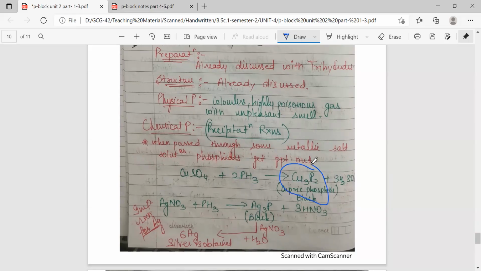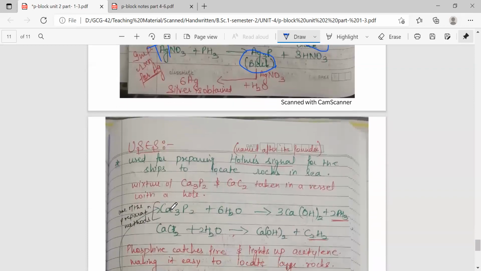We can treat some other salts with phosphine. Silver nitrate treated with phosphine gives black silver phosphide. This black silver phosphide is further treated with AgNO3 to give pure silver. This reaction is widely used for the preparation of silver, so pure silver can be extracted from here.